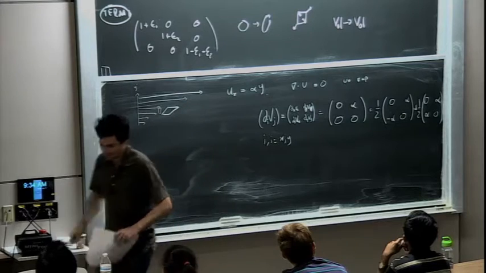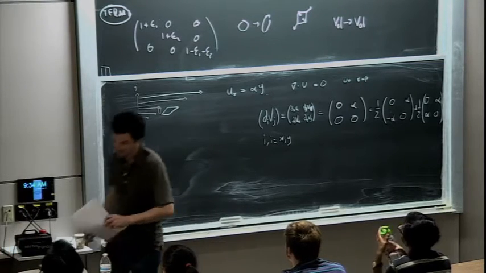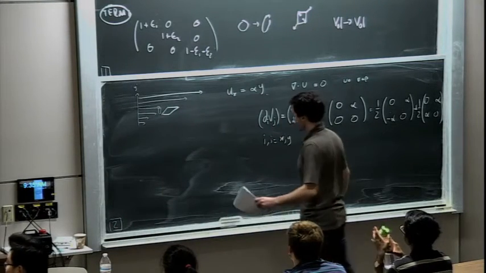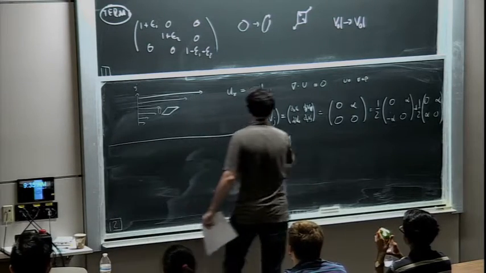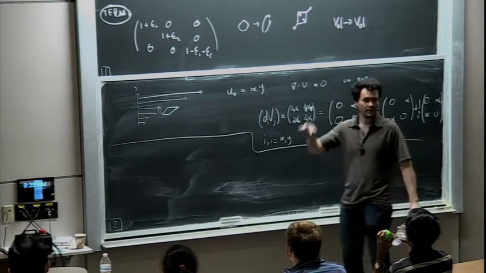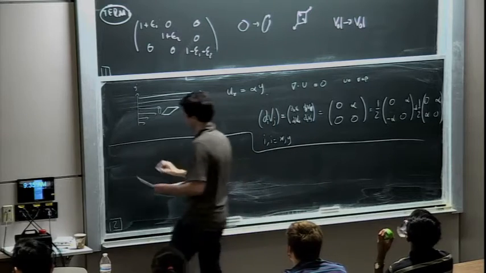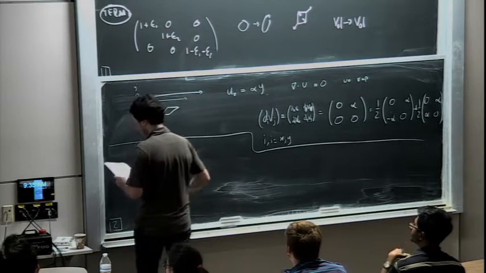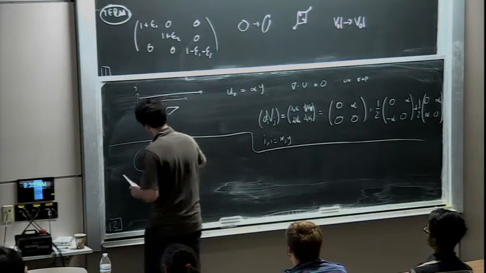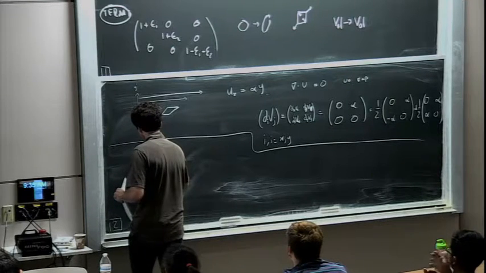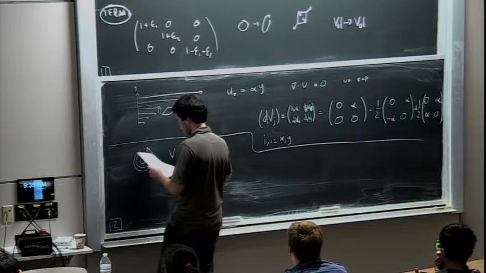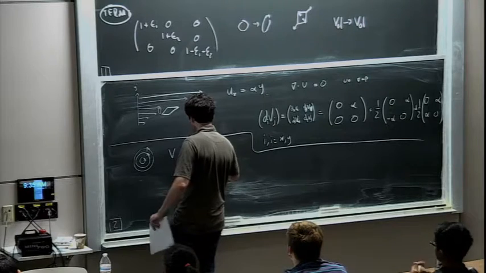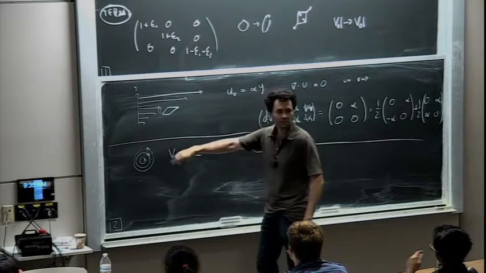Another canonical flow that we can consider is a purely rotating flow. All the streamlines are circles, it's a steady flow, and it's a solid body rotation flow.